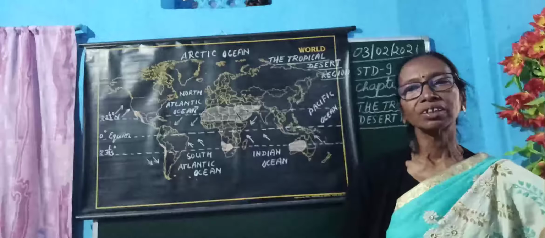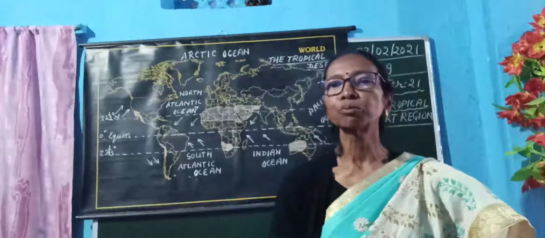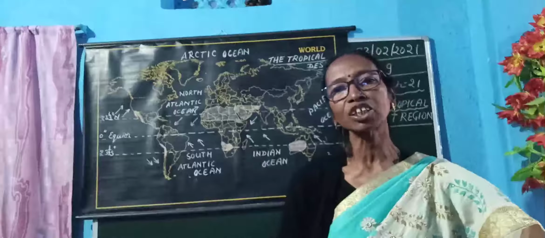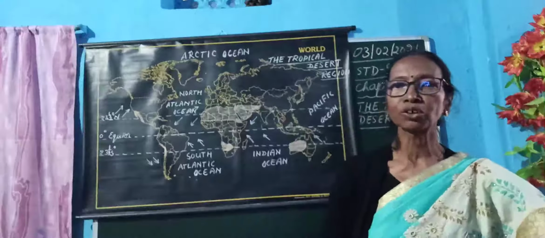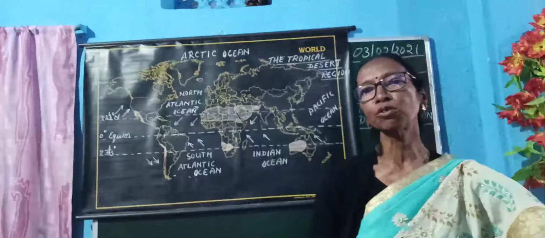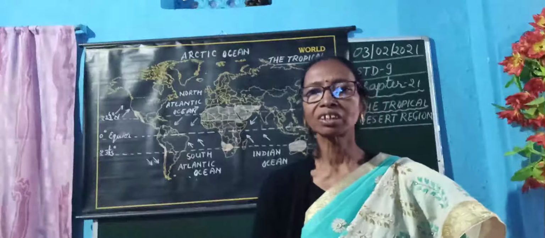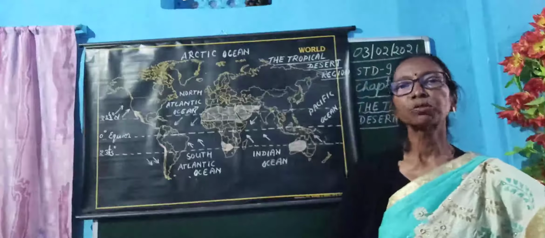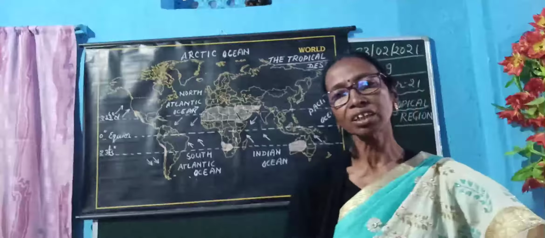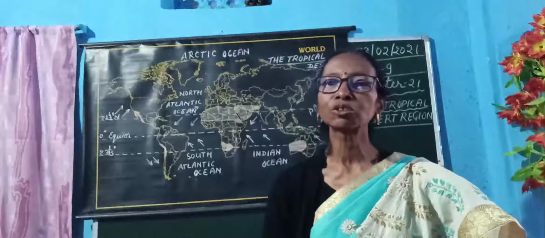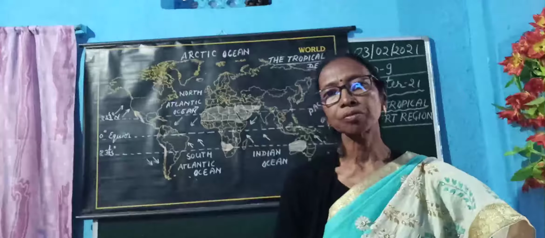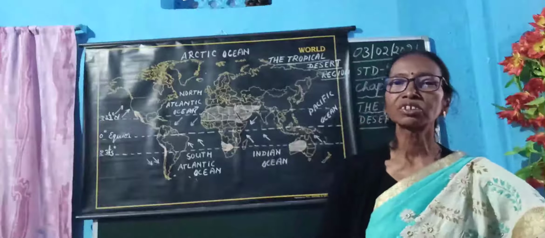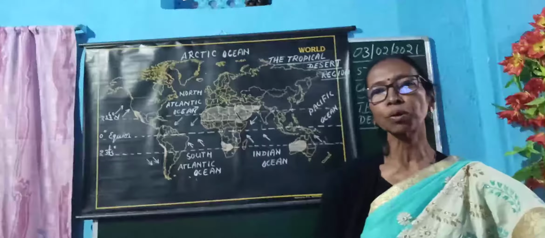So these nomads cannot make their huts at any place and therefore there are no permanent dwellings. The density of population is only one person in 100 square kilometers area. So this is very less density of population.